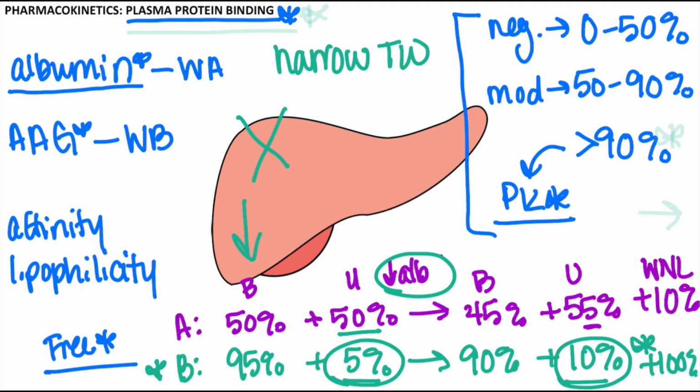So in the setting of highly bound drugs and liver damage, there may be a concern that the increase in unbound free active drug can trigger toxic effects. So understanding the relationship between plasma protein binding and drug binding and liver function is an important pharmacokinetic consideration. So moving on to the next slide.